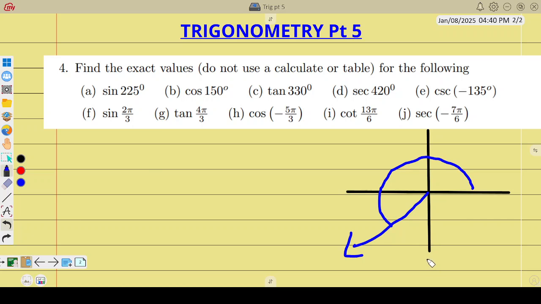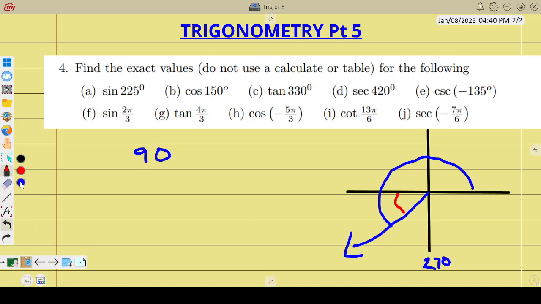Up to this point it's 270. When we're finding angles greater than 90, we have to find the reference angle, which I was calling the helping angle. It's the angle between the x-axis and what we can call the resultant vector. So what is this angle?